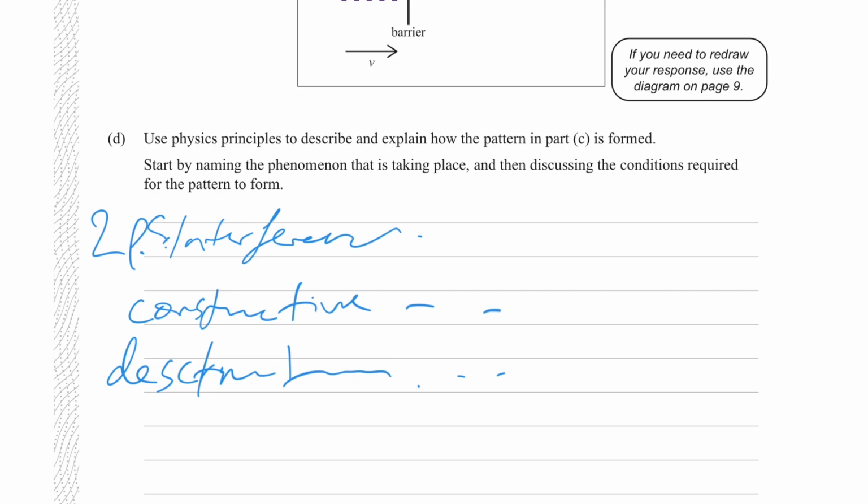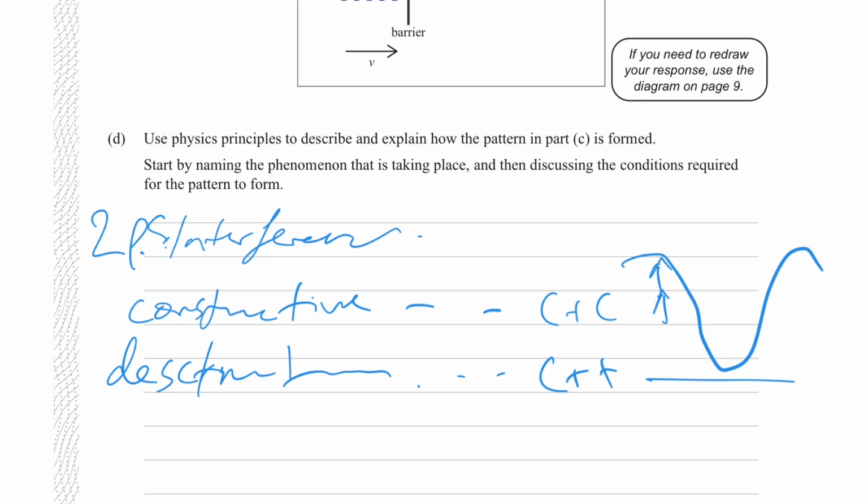When you're talking about constructive interference, you're talking about crests meeting crests to produce amplitude that is twice the amplitude, and troughs meeting troughs to presumably produce twice the amplitude but in the negative direction, so you're doubling your wave amplitude. Destructive, it's a crest plus a trough, so they cancel out, and that kind of thing. Discussing the conditions required for the pattern to form.